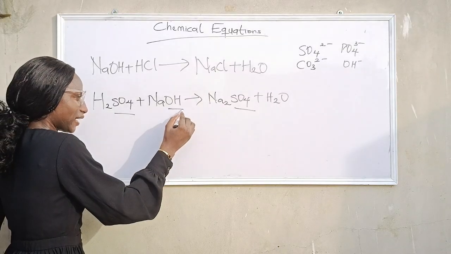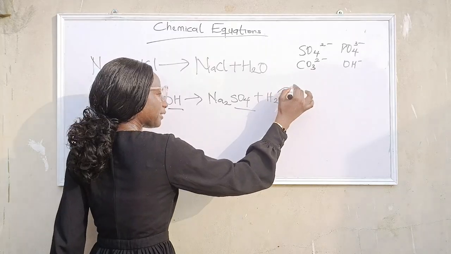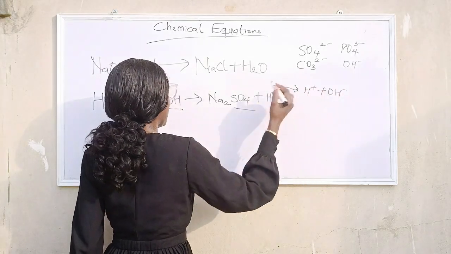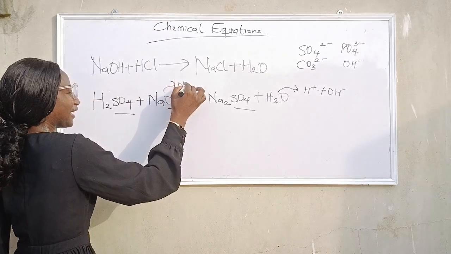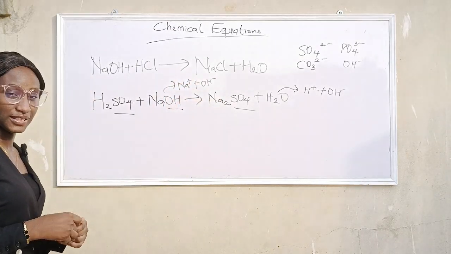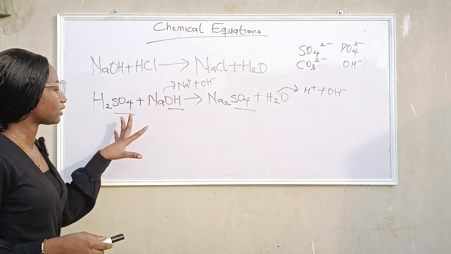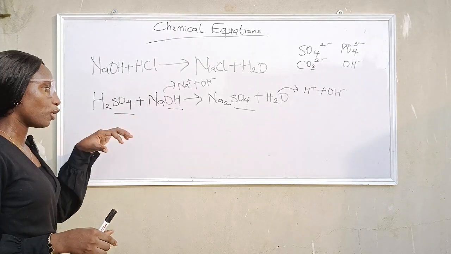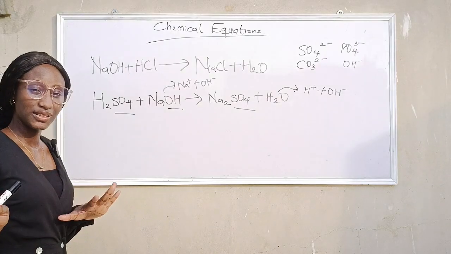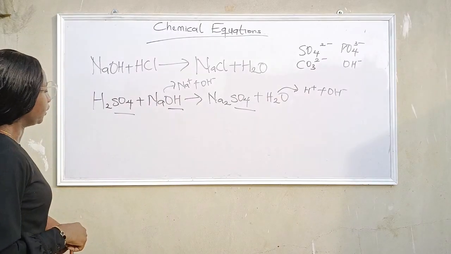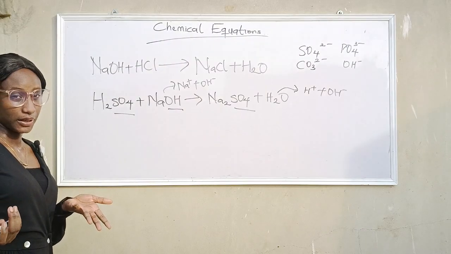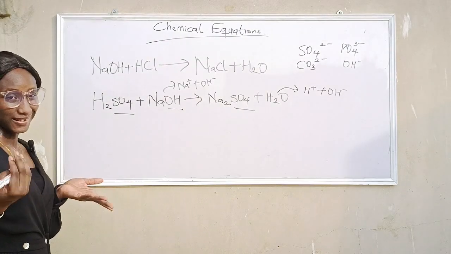Then OH here is still the same because this can be written as H plus and OH minus. And this one too can be written as Na plus and OH minus. So to save yourself time, you can treat all these as a single entity. Note OH when it is in an ionic compound, not a covalent compound. That is the faster way to do it instead of counting the atoms one by one.